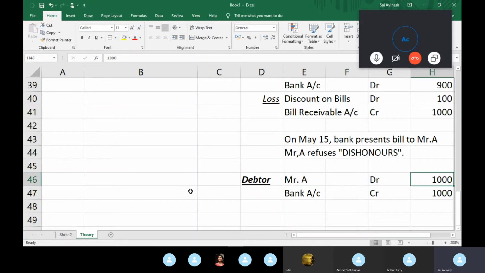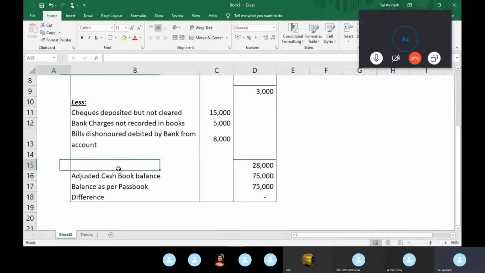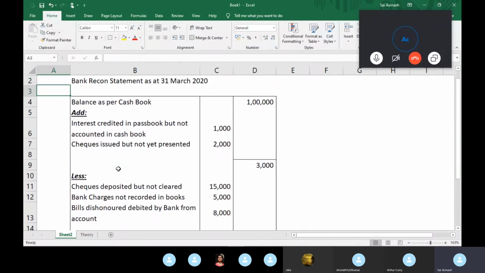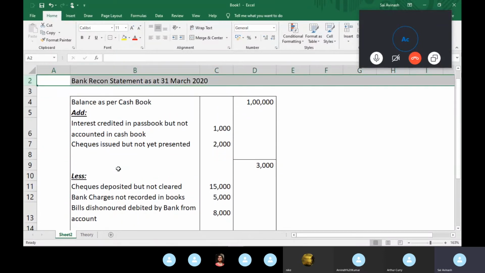So let's say today is 31st March. So we have understood the concept of what a bill is, what discounting a bill is, and what dishonoring a bill is. Okay, what happens when a bill is dishonored? A bill that is discounted with the bank is dishonored. So in our case, let's say that on 31st March, a bill is dishonored by a debtor. But I have not updated my passbook yet.